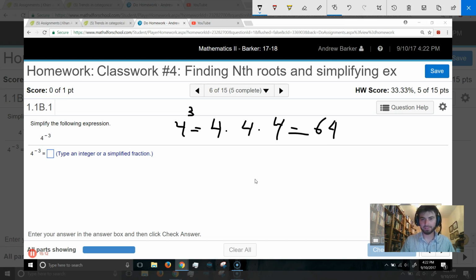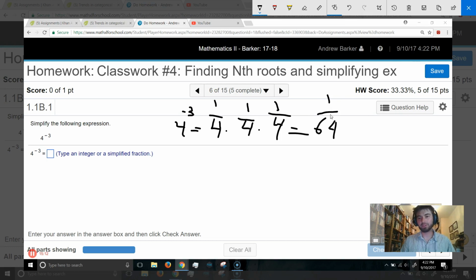That's 16 times 4, which is 64. However, when you put this negative up here, it's no longer repeated multiplication, it's repeated division. And so if you divide by 4 3 times, it's the same thing as dividing by 64. So the answer is going to be 1 over 64.